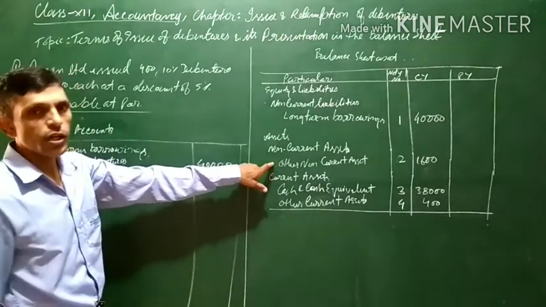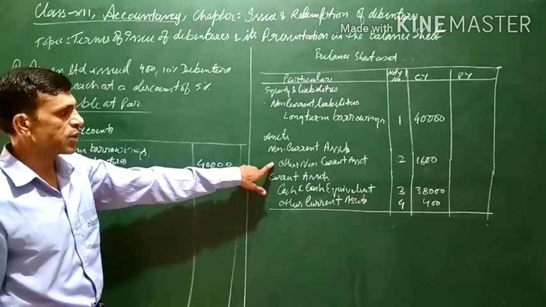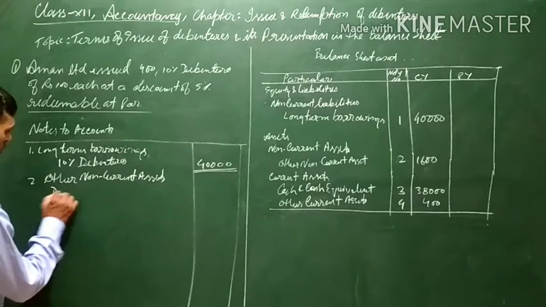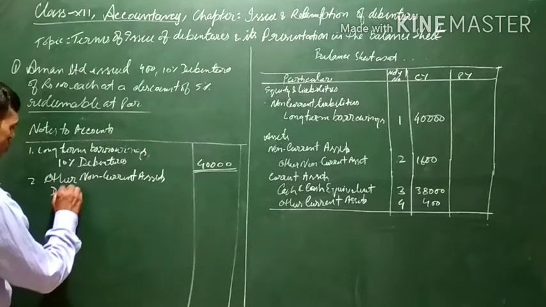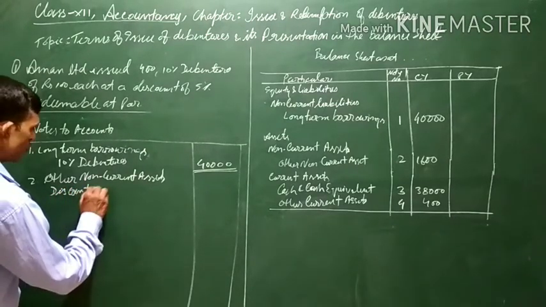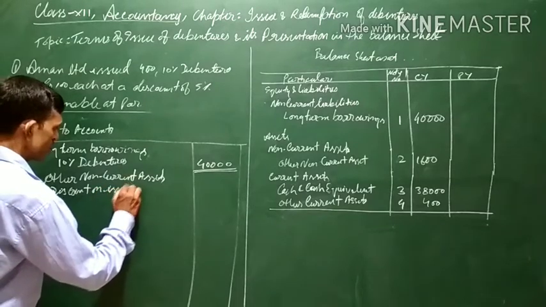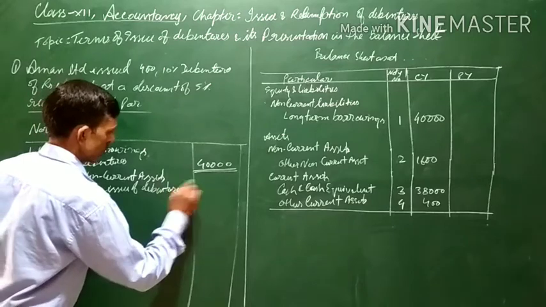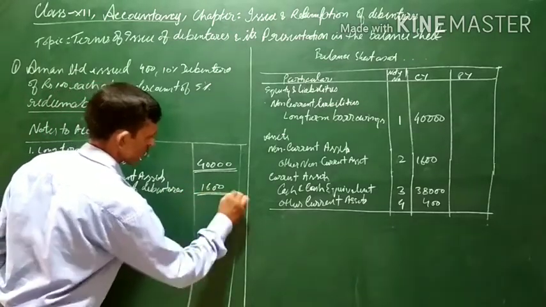This is other non-current assets. So we will write here discount on issue of debentures, 1,600.